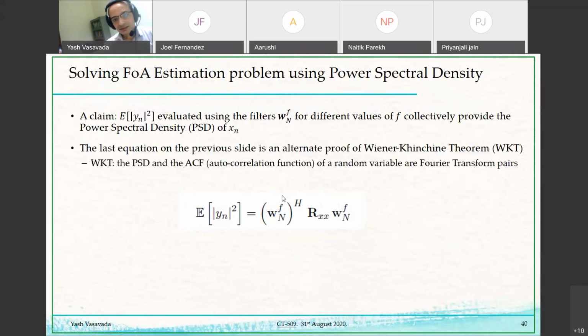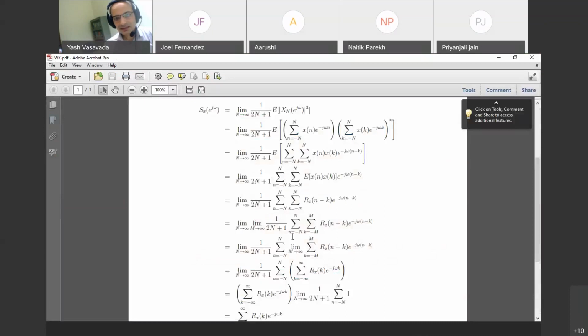but in fact, this equation that we had looked at several lectures back, if you go through the individual terms of this matrix-vector product, what you may find is that it is very much like the proof of the Wiener-Khinchin theorem.